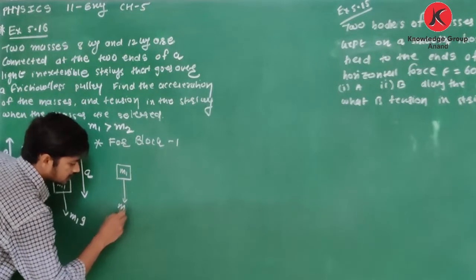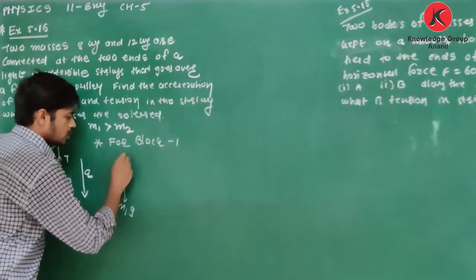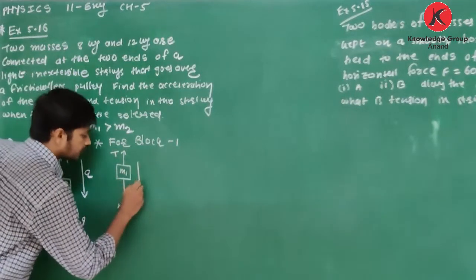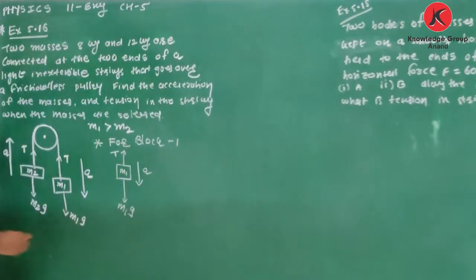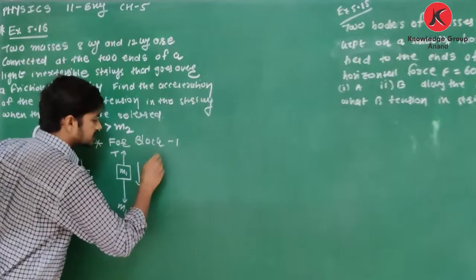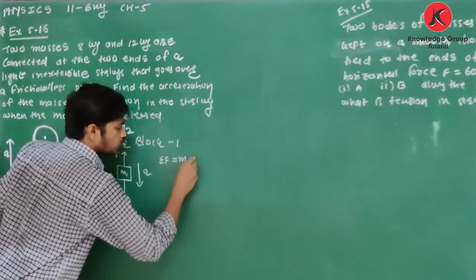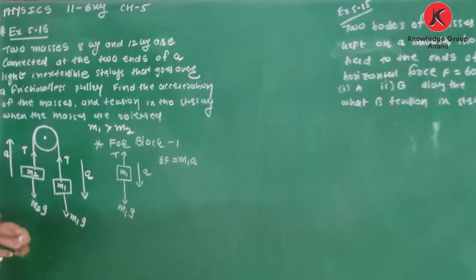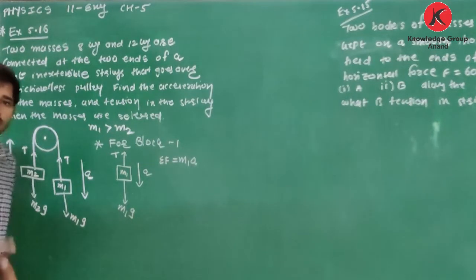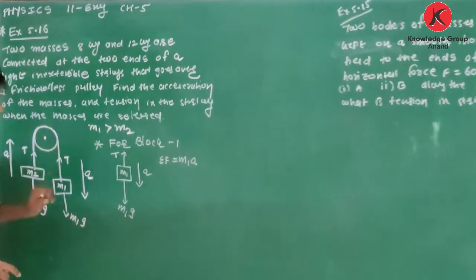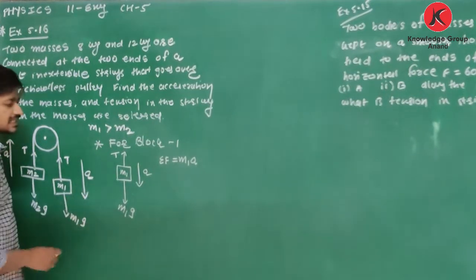In downward direction, M1G is acting, and in upward direction, tension T is acting, and due to the effect of this, it is moving with acceleration A in downward direction. So how to write? I can write sigma F is equal to M1A. Why sigma F is equal to M1A? Because it is moving with acceleration A and its mass is M1.